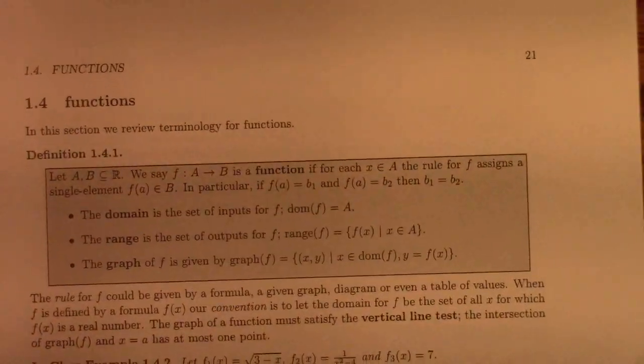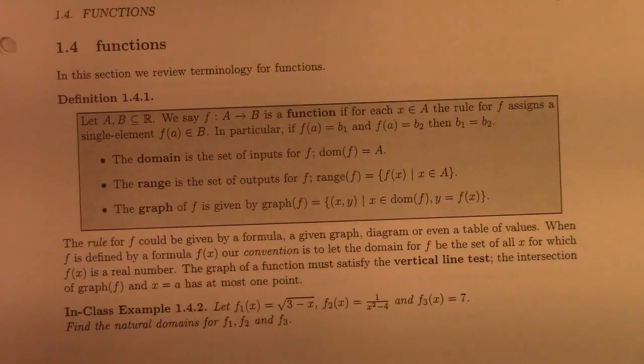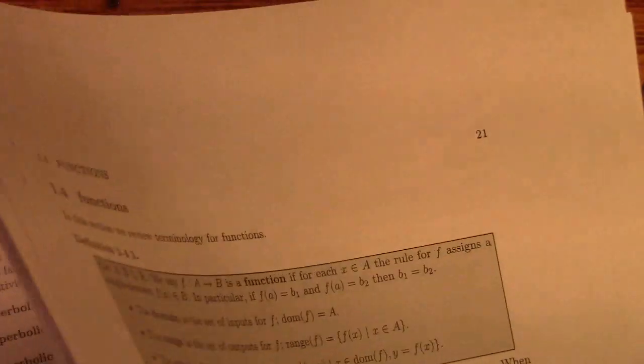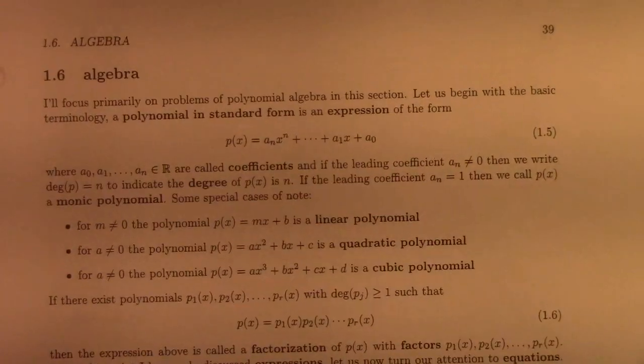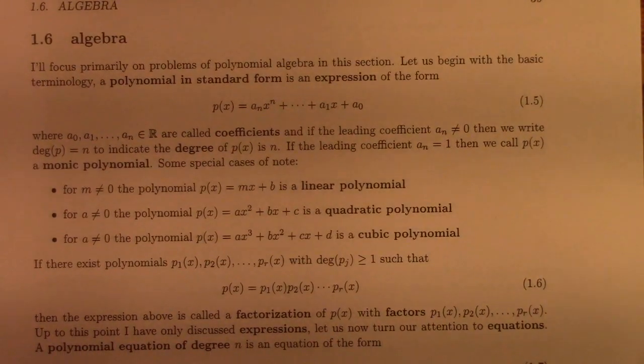So in class next, we're going to skip past this functions business for a bit and skip ahead over here to section 1.6, which is on algebra, and I will talk to you about how to complete the square and how to factor and all that jazz, because many of you need a review, and that's fine.